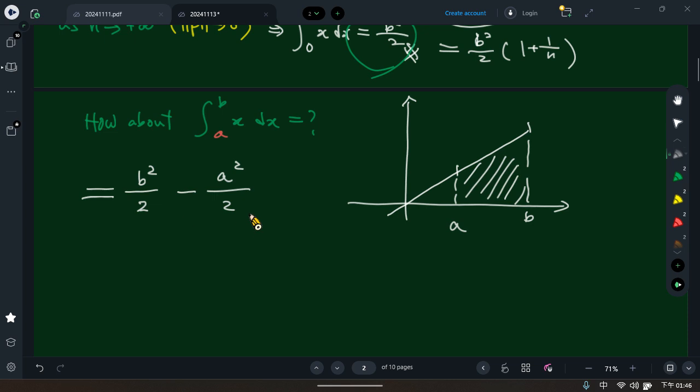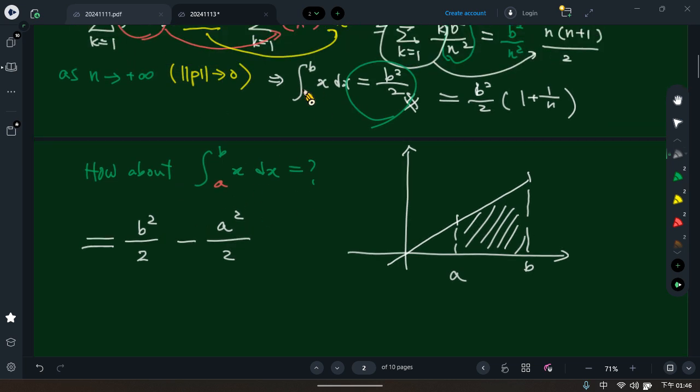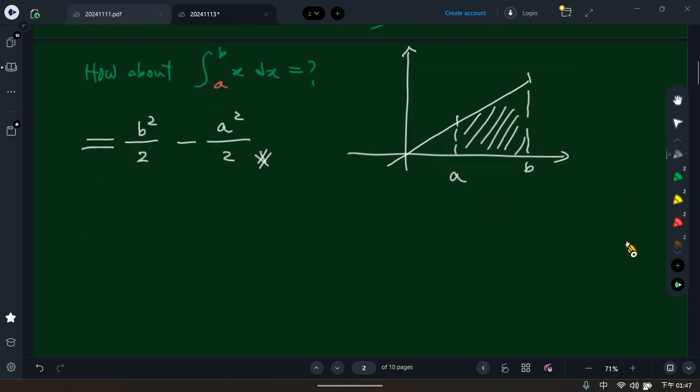You just apply the result twice, right? One is for the larger one, one is for the small one. Then you can get the result. Okay? So this is a very typical example for the definite integral. I think that is not hard.